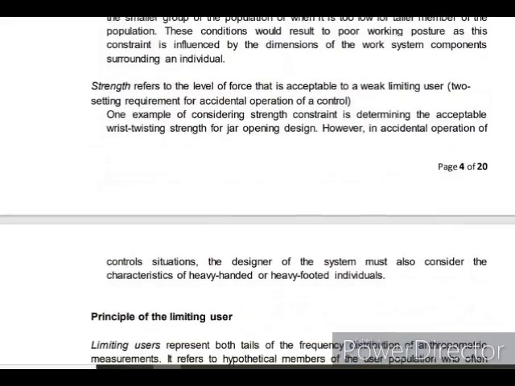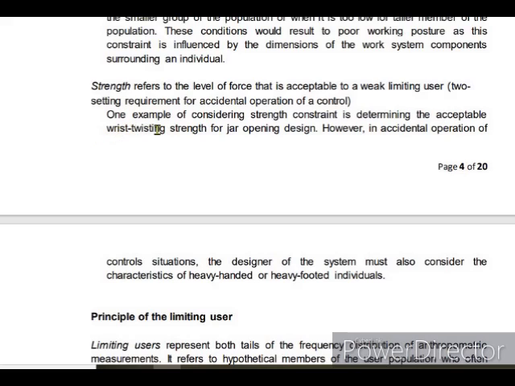Next, fourth. Fourth is strength, which refers to the level of force that is acceptable to the weakest limiting user, so setting requirements for accidental operation of a control. When we say strength, we also have to consider accidental operation, so our design should cater for some instances of accidents of operation.